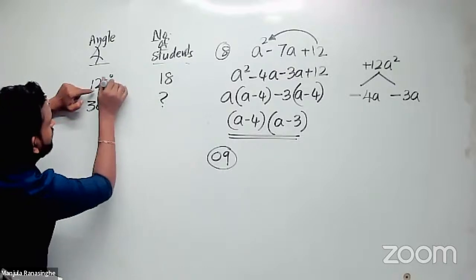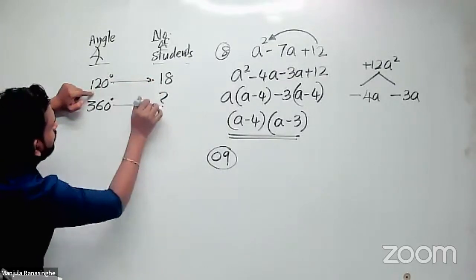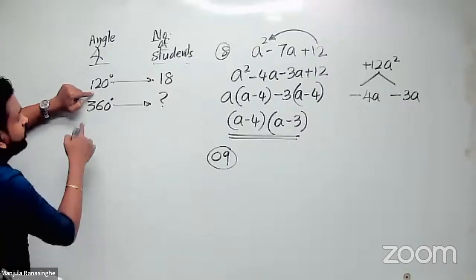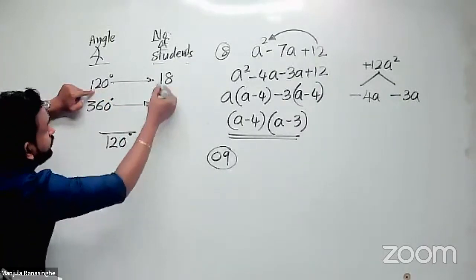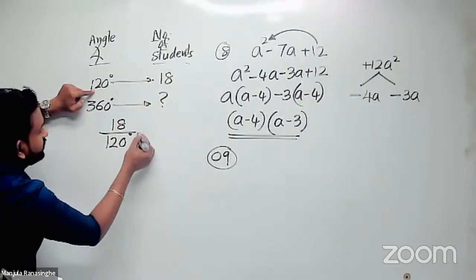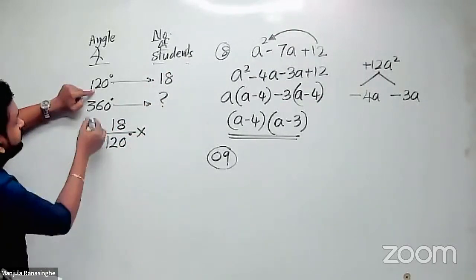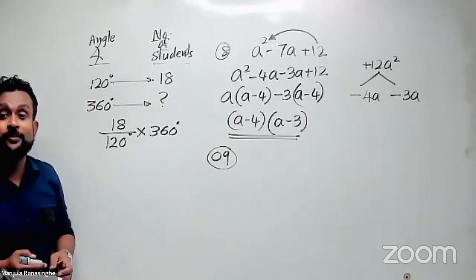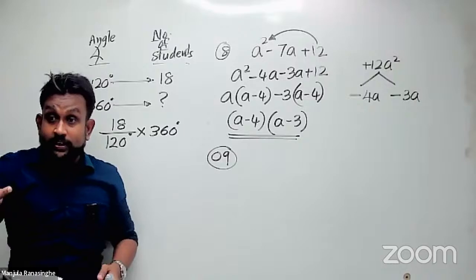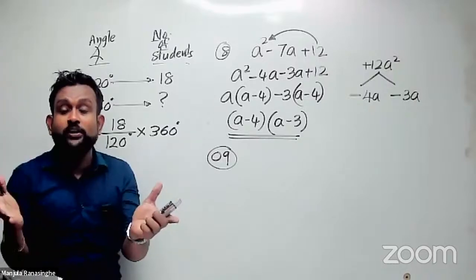Right side. So you have to build up this direct proportion. 120 degrees means 18 students. If that's so, 360 means how much? That's the easiest way, think logically. 120 means 18, then 360 is the total students.